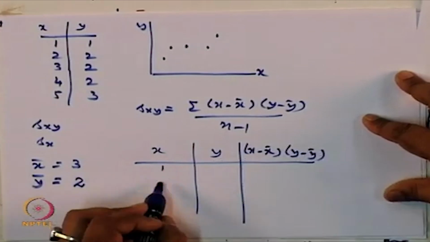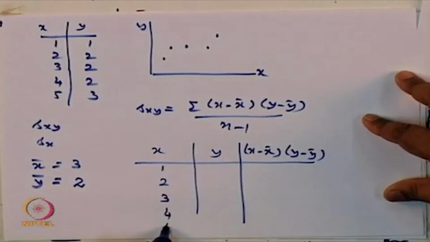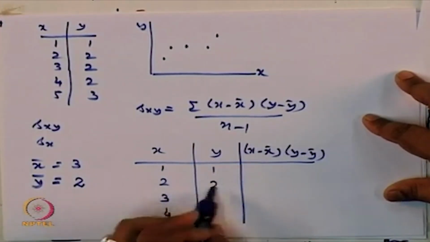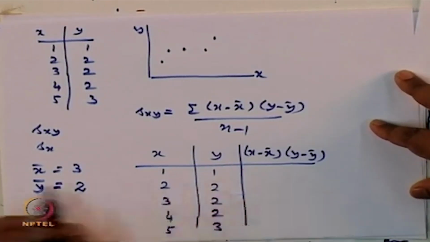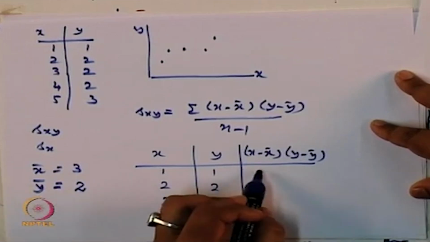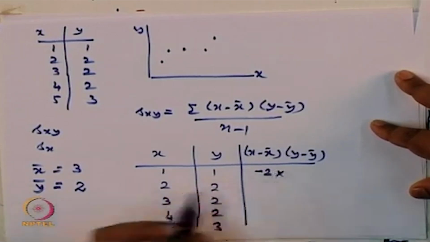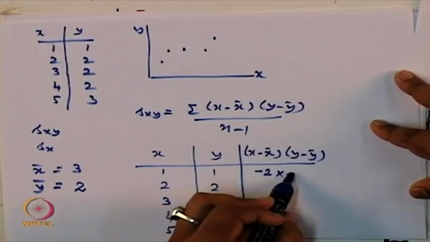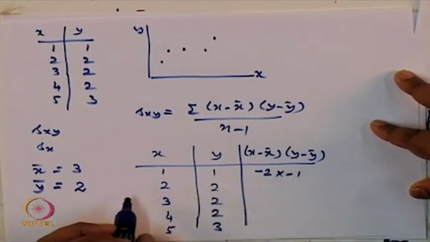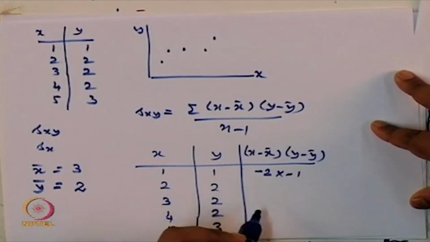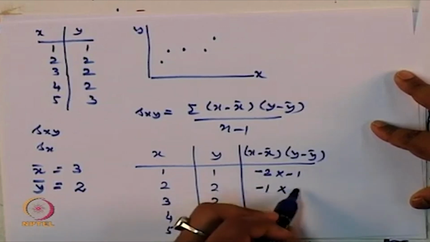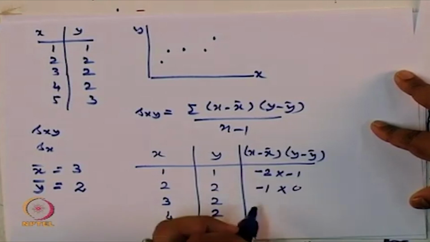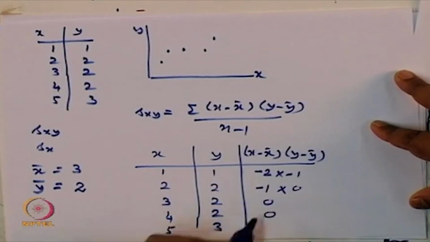The values are x: 1, 2, 3, 4, 5 and y: 1, 2, 2, 2, 3. In this case, x bar is 3, so for x equal to 1 it is minus 2 into minus 1. In case of 2, it is minus 1 into 2 minus 2, which is 0. 3 will also give you a value of 0, 4 will also give you a value of 0.